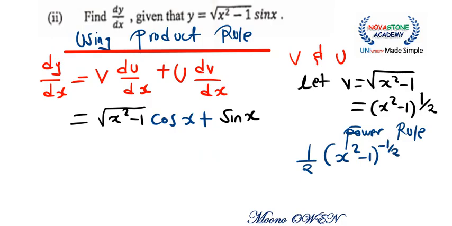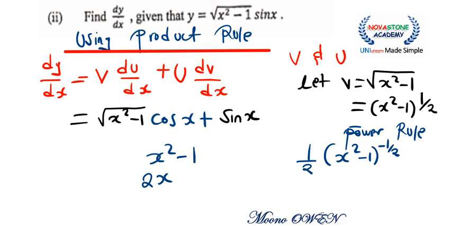Now I'm also going to differentiate what is in the bracket itself, which is x squared minus 1. If I differentiate x squared minus 1, I'm going to have 2x to the power 2 minus 1, which is just 1 and I don't write it, and differentiating the constant minus 1 gives 0.